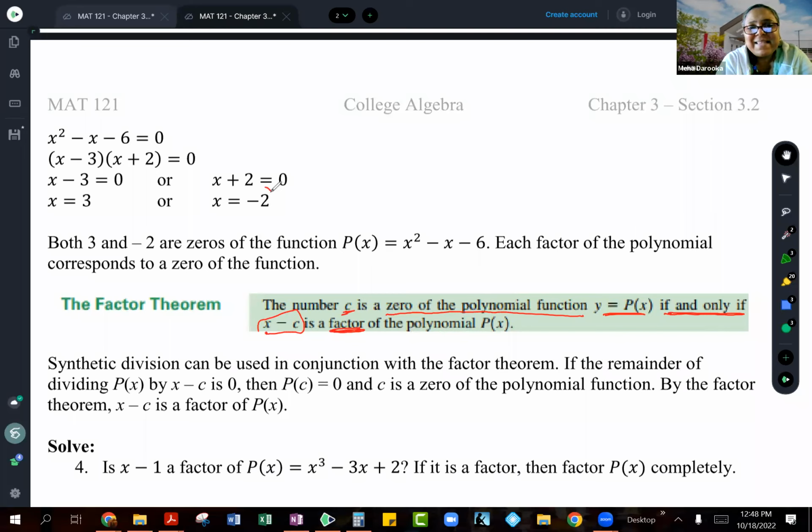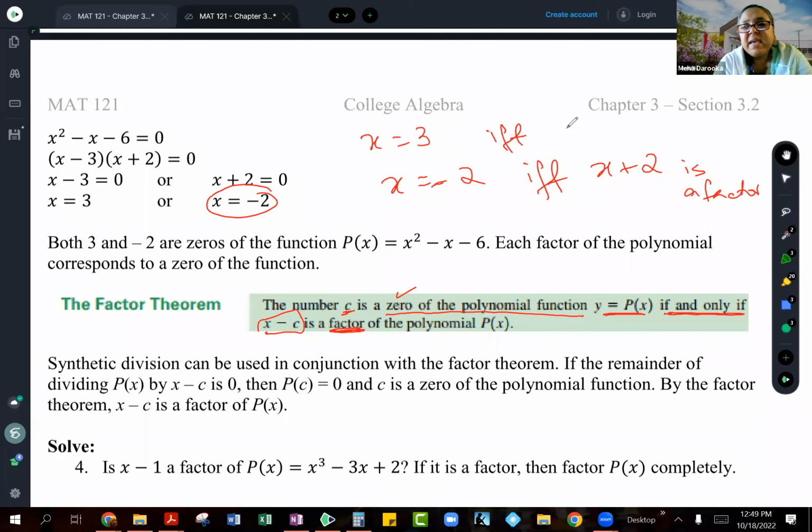So x equals -2 is a 0 if and only if x plus 2 is a factor. Same thing with this one: x equals 3 if and only if x minus 3 is a factor of our polynomial. That's what the factor theorem is basically talking about.